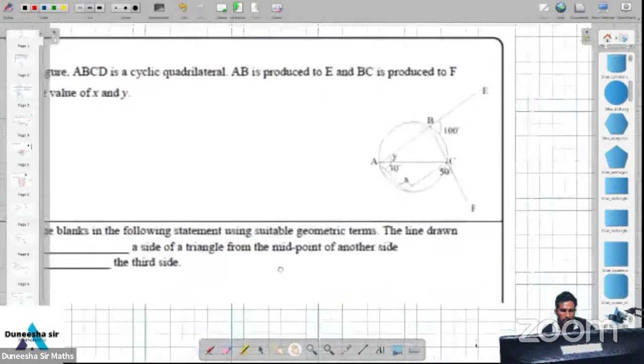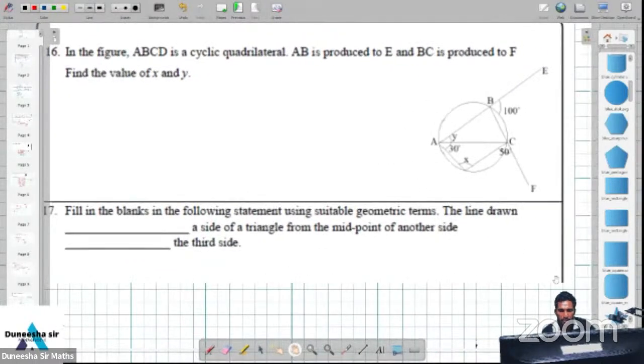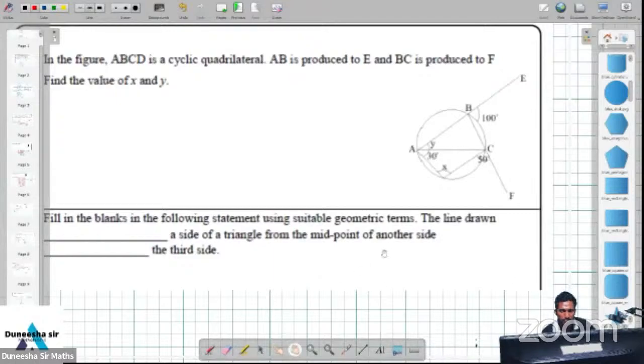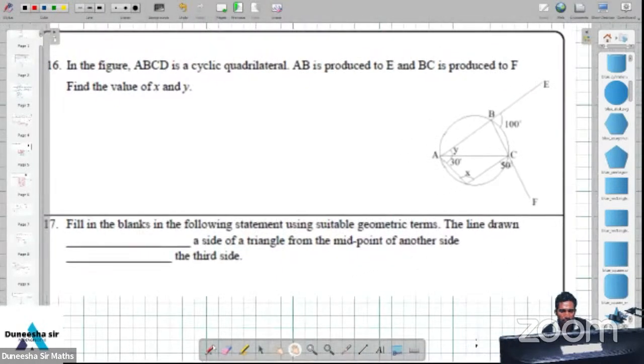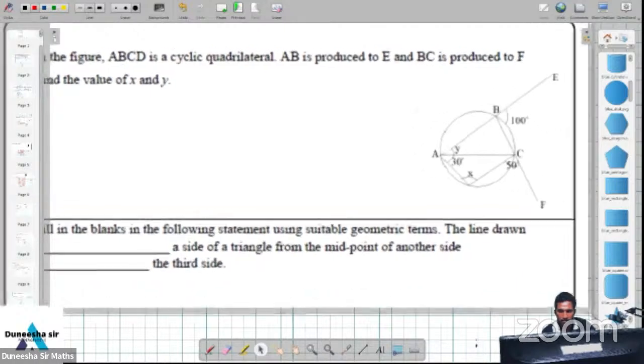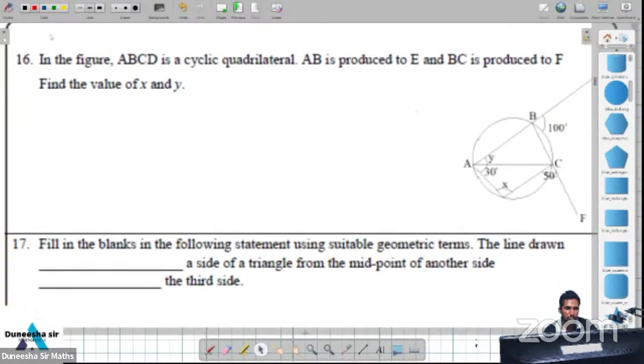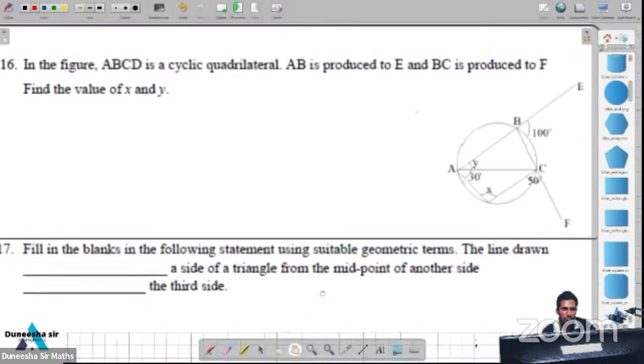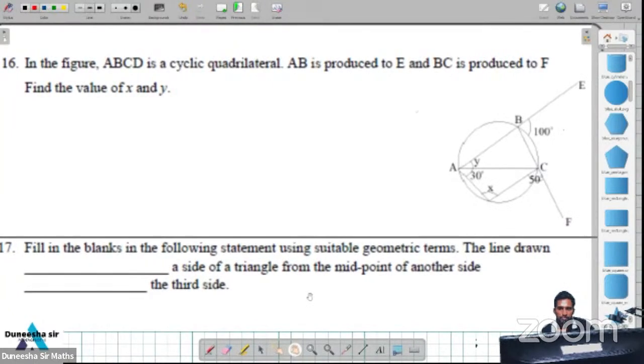Can you see the question? This is x. This is 30. This one is 50. Okay. This one is 100.